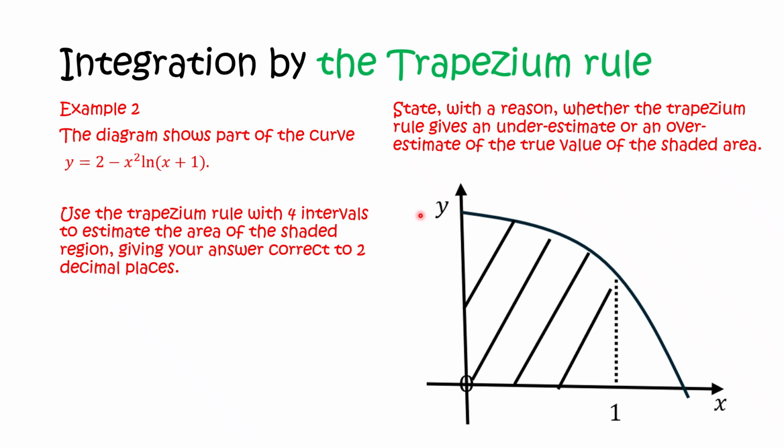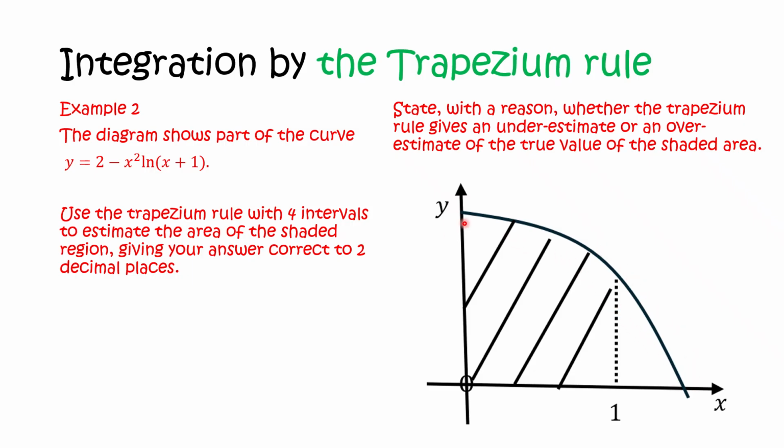And of course, we have the last bit of the question. State with the reason whether the trapezium rule gives an underestimate or an overestimate of the true value of the shaded area. Now, this one is more or less like a convex curve.